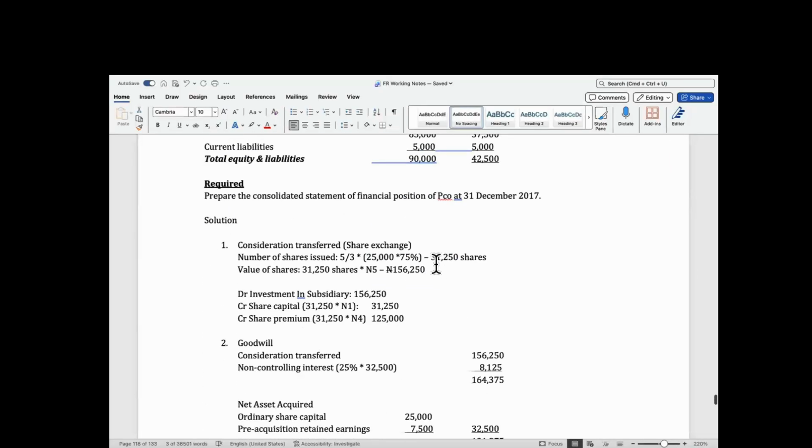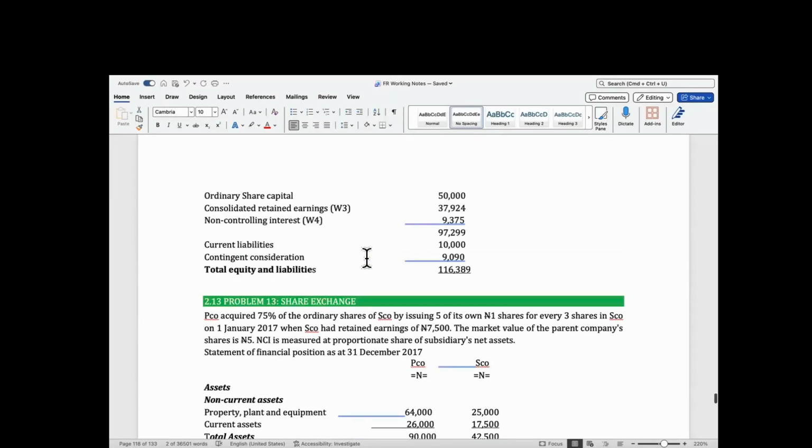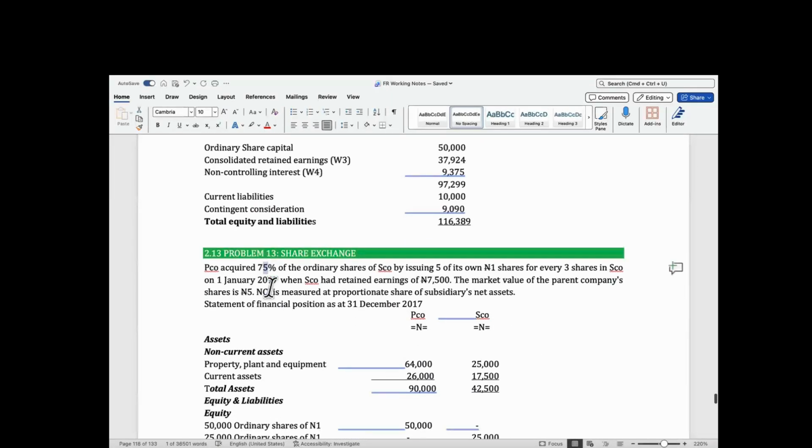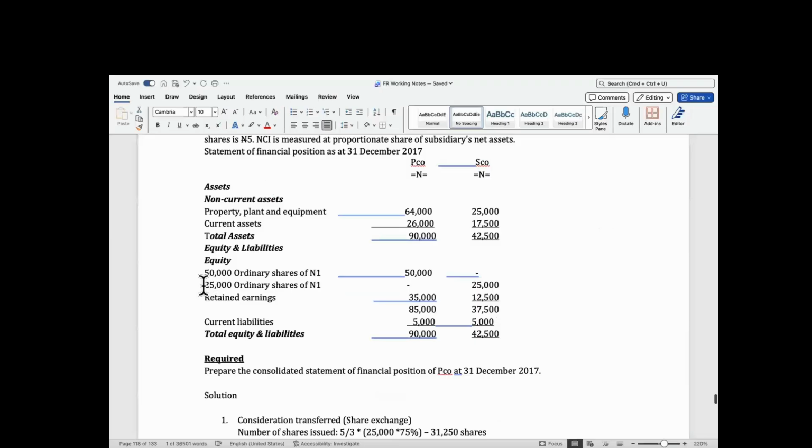So the consideration he gave was through share exchange. He's giving 5 shares for every 3 he has acquired in ESCO. And he acquires 75% of the shares of ESCO. And total shares in ESCO is 25,000 ordinary shares.